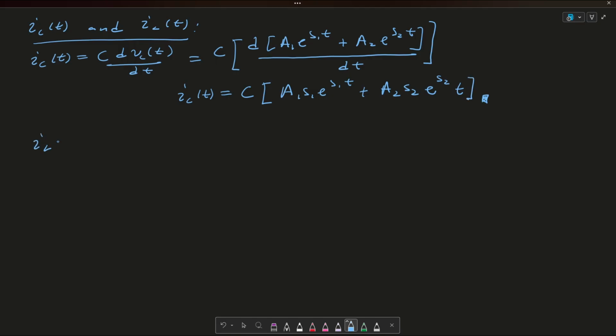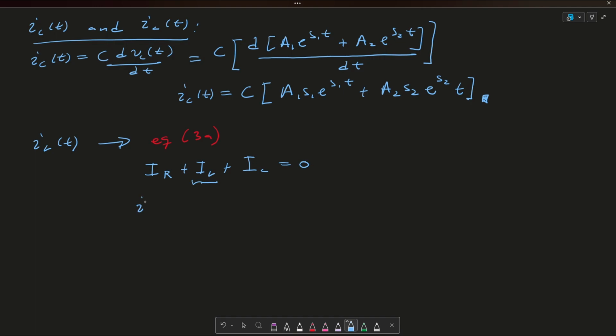And then for IL of t, we need to look back and visualize equation number 3a. And recall that equation 3a says that IR plus IL plus IC is equated to 0. Where again, we're tasked with finding this IL.